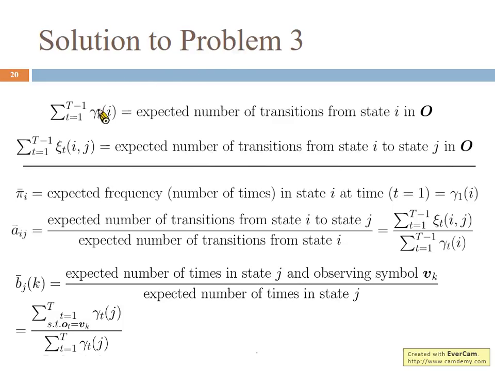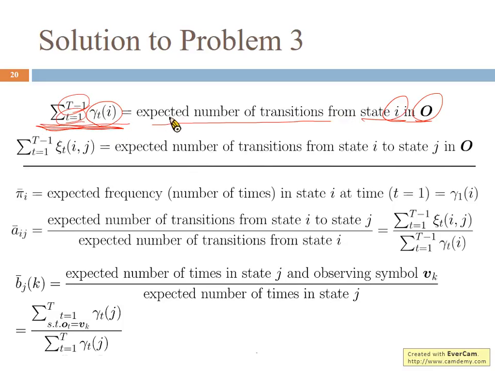And we now know that the summation over t equal to 1 to capital T minus 1 of gamma_t(i) is the expected number of transitions from state i in the observation sequence.